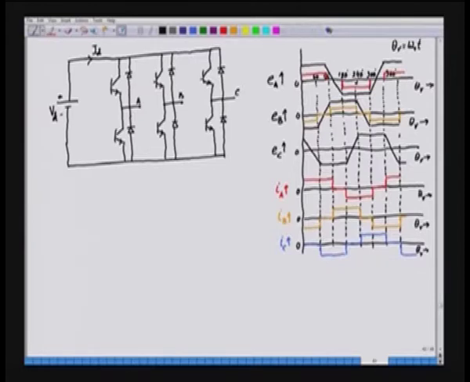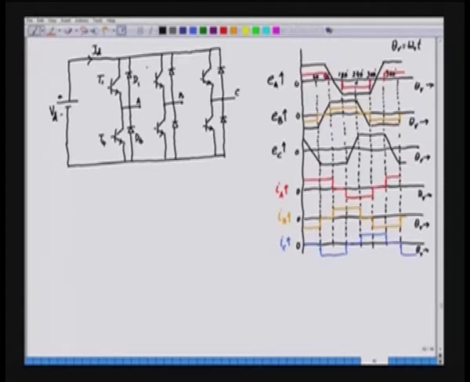So, these are the various transistors we have. Now, we can call this transistor T1, and correspondingly the feedback diode is D1, and this is T4, and the corresponding diode is D4.